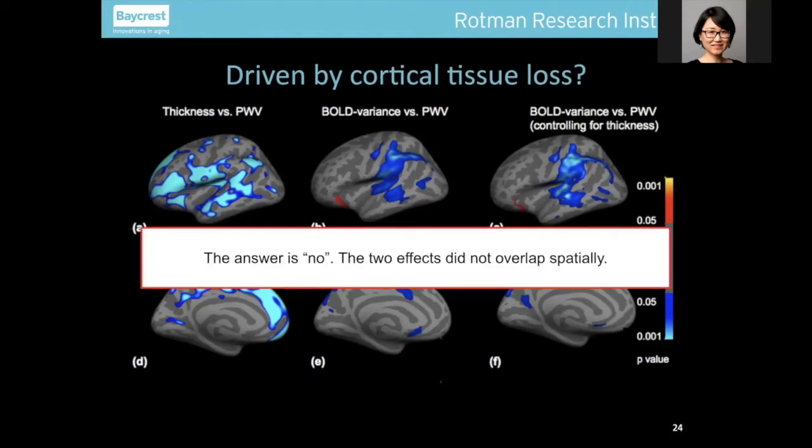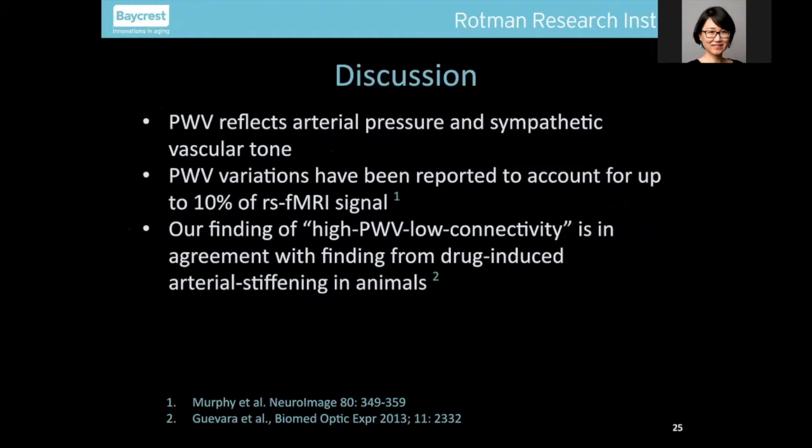Okay, to wrap up that portion, we found in this study that pulse wave velocity, which reflects arterial stiffness, also reflects arterial pressure and sympathetic vascular tone.